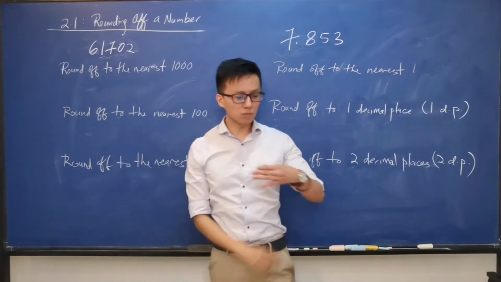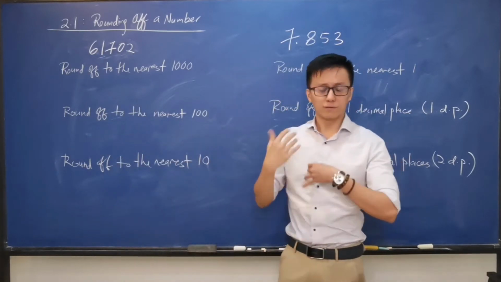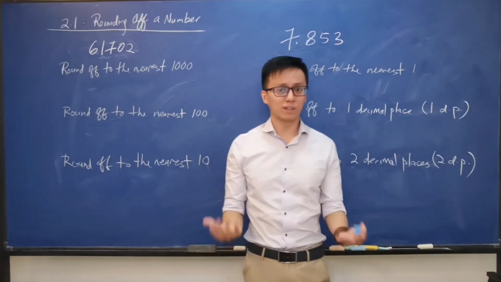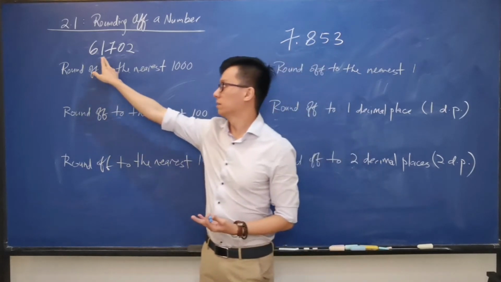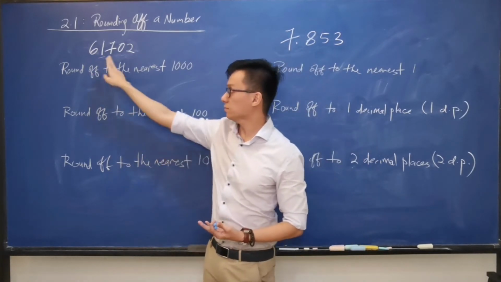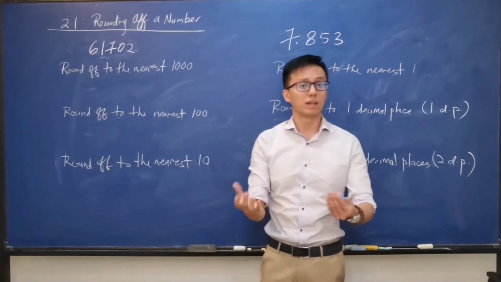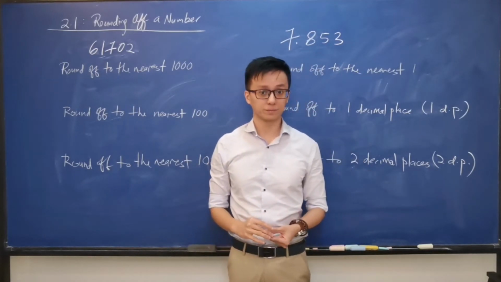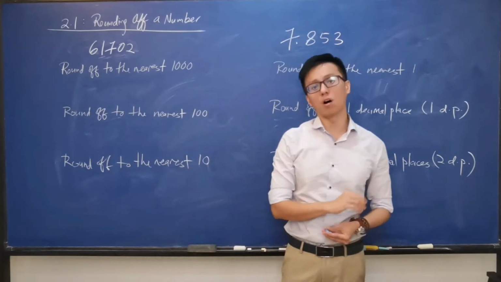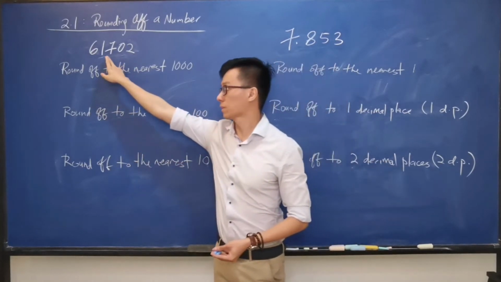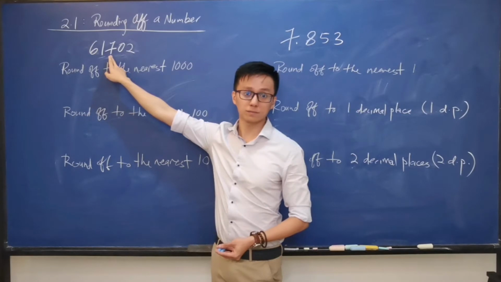Now, how are we going to decide whether the digit at the thousand place will remain or have 1 added to it? It will depend on the digit in the 100 place.